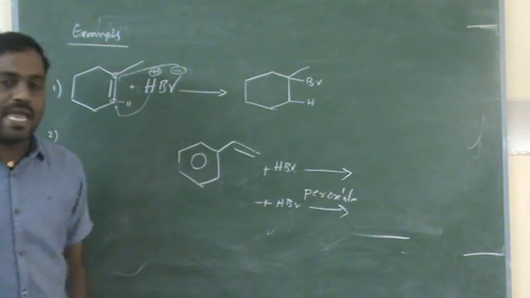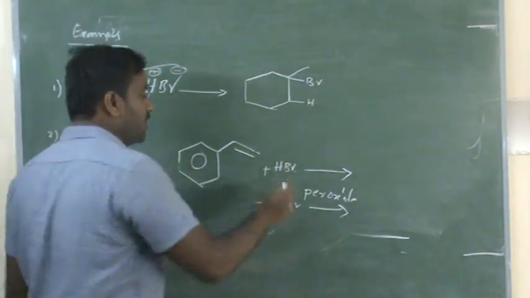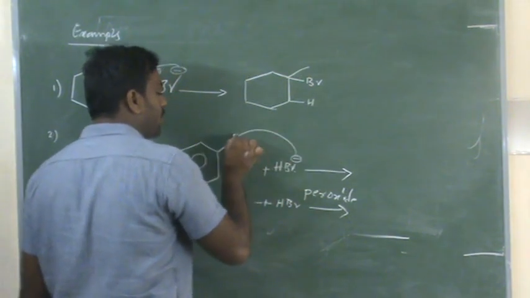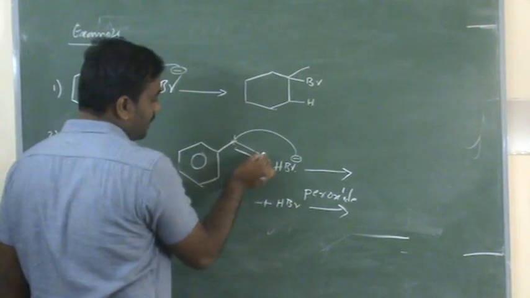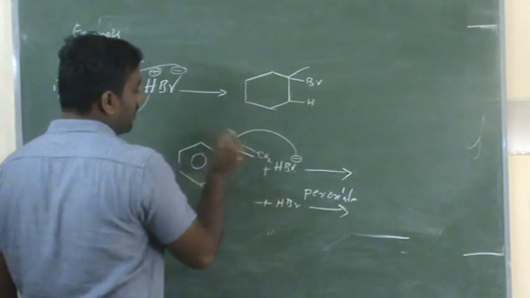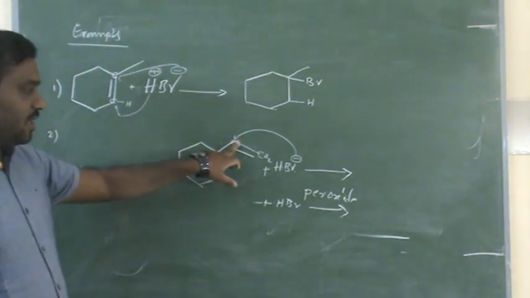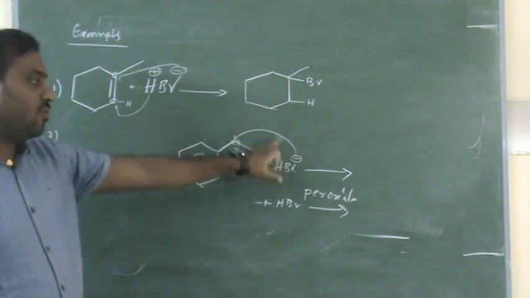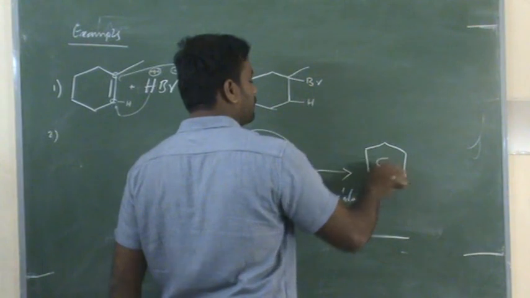HBr, there is no catalyst in the earlier one, so which rule is following? Markovnikov rule. What is the meaning of Markovnikov rule? The negative part is going to the less number of hydrogens. Then you can expand it. It is a C and it is a C. There is a presence of CH2 and there is a presence of CH. One hydrogen is there here, two hydrogens there. Where will the Br go? Go here. Then what product are we expecting now?